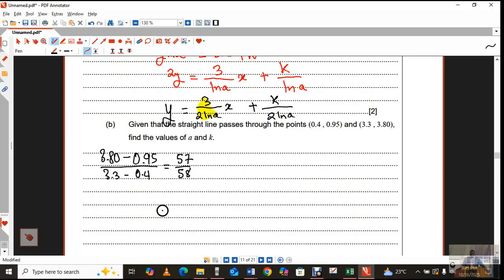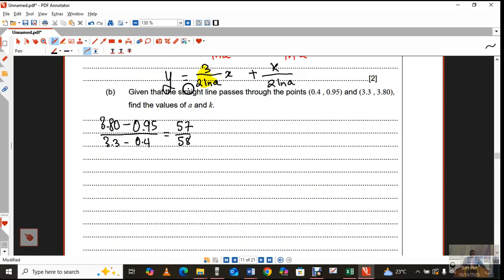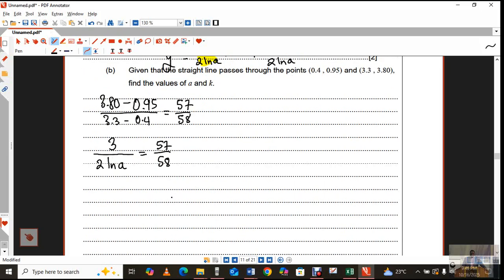Okay. Then, what do I now know? I know that the gradient, which is the m value, is equal to this. So I can therefore say 3 over 2 natural log of a should equal 57 over 58. This is going to allow me to find the natural log of a. First I'll get rid of this natural log of a. I'm going to have 3 over 2 equals 57 over 58 times the natural log of a.